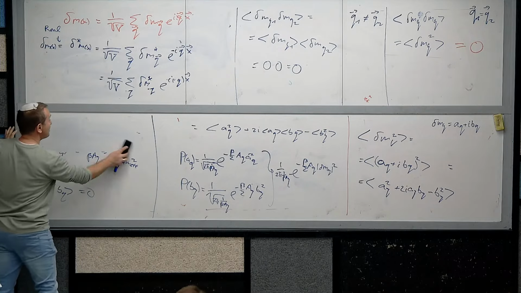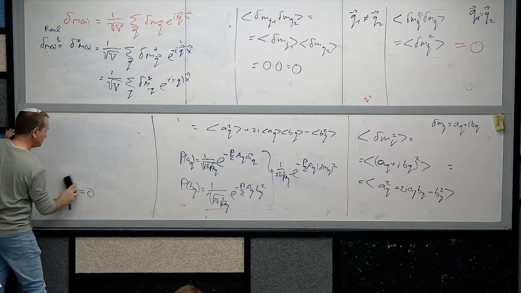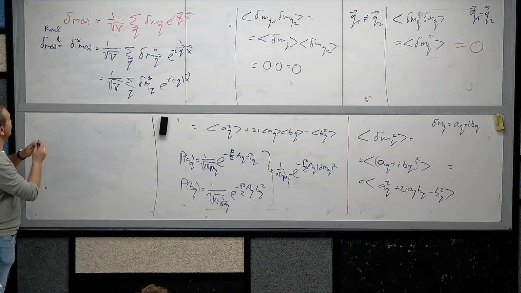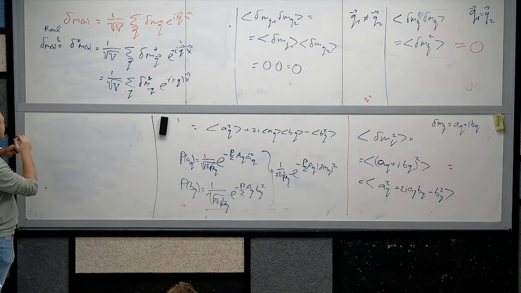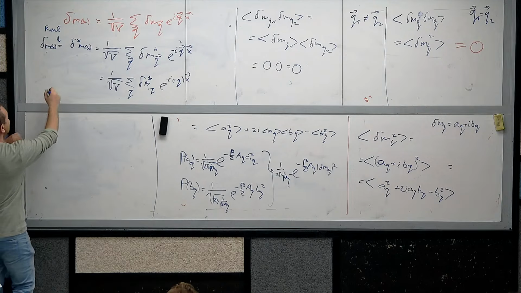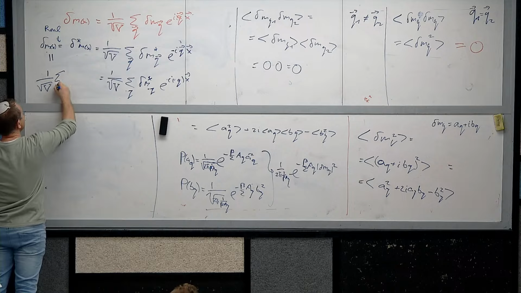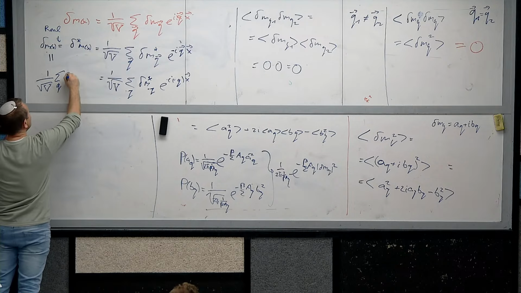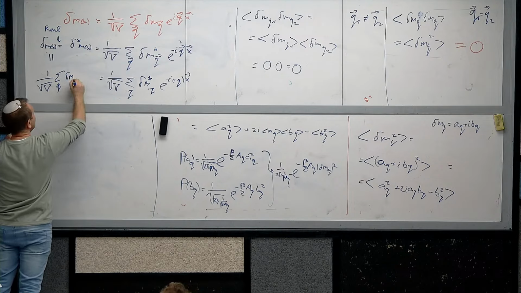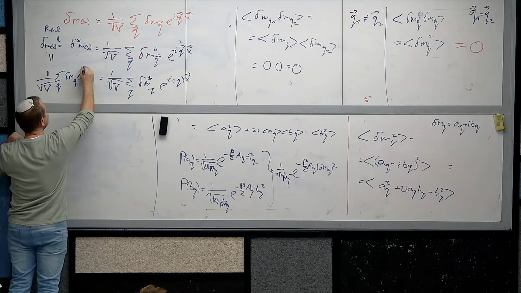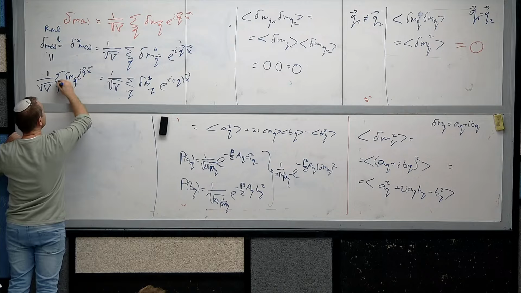Now, they both have to be real, okay? They both have to be real. But this equals 1 over square root of V, a summation over q, delta m q, e to the power i q x.